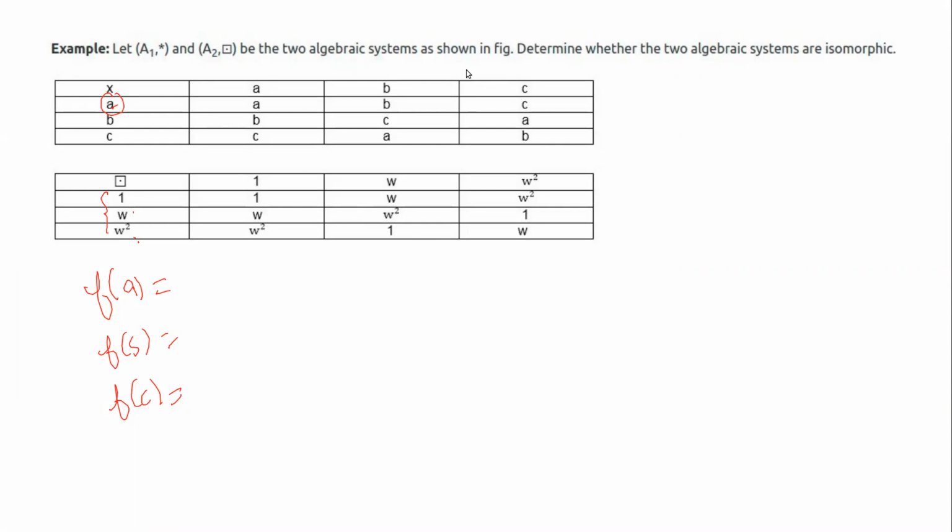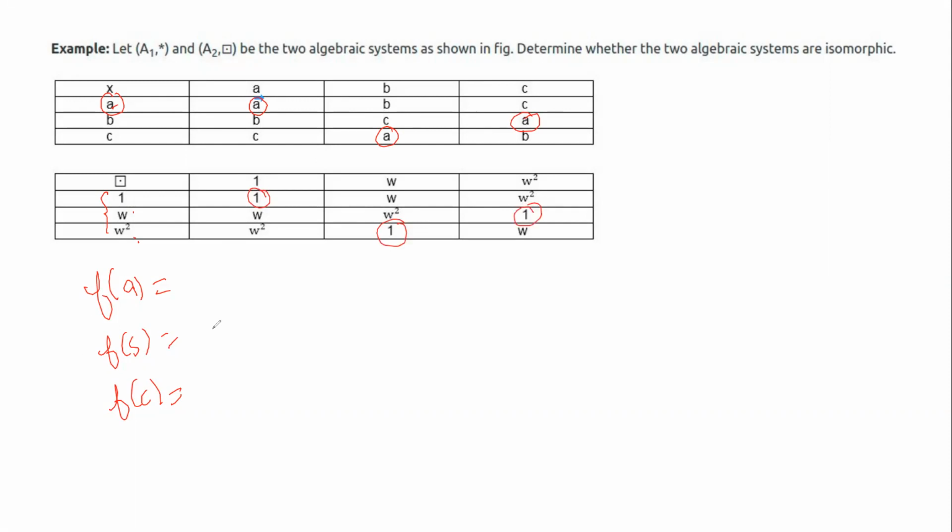You can see A is here and A is here and A is here. You can see here you have 1, 1, 1.